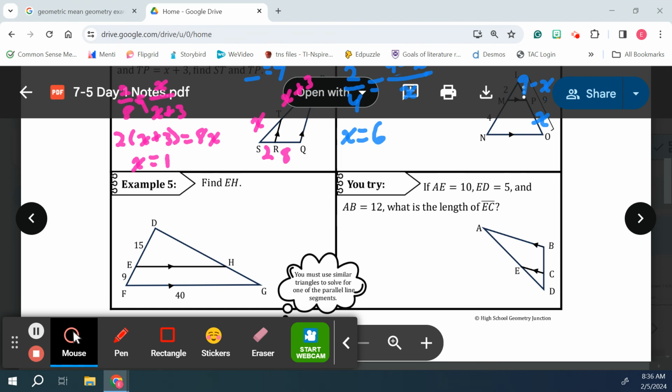So in this case, you would do like small triangle, big triangle. And then solve.